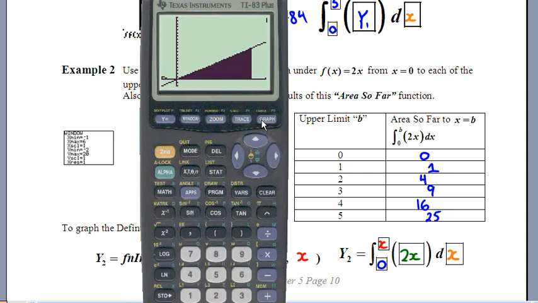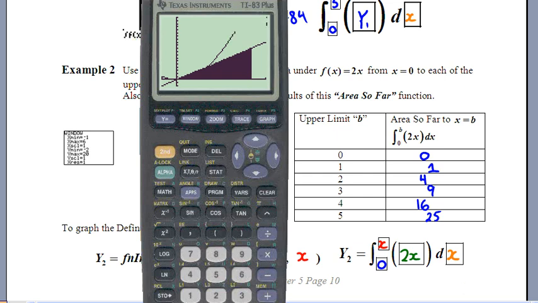Okay, I can't see much at the beginning because it's hidden behind all that black stuff. So I think I'm going to have to get rid of that for you so you can see this better. I can also see how brutally long it takes to actually do this. It's a very, very slow process. And slowly, behind all that black, it's trying to draw this curve, which is just y equals x squared.